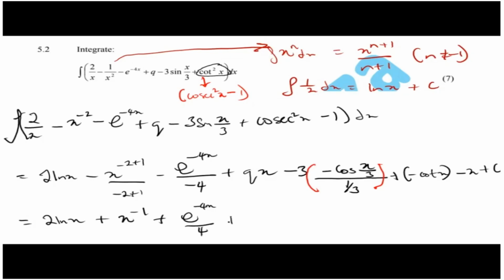Then this is plus qx. Then here, if you flip this and subtract, it should give you plus 9 cos x over 3. That means if you do 3 divided by 1 over 3, it should give you 9. Here will be negative cot x, negative x plus c, and that is the answer.